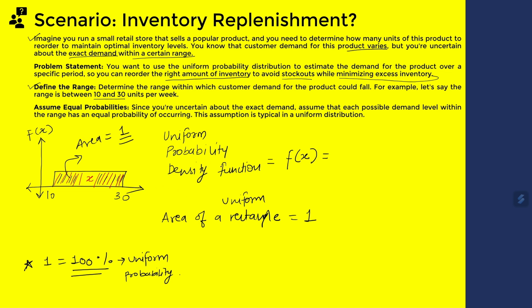Alright, so we know in the case of uniform probability distribution, the area of the rectangle when making the uniform probability density function is always 1. Now, if you understand this, we know that the equation is like this.